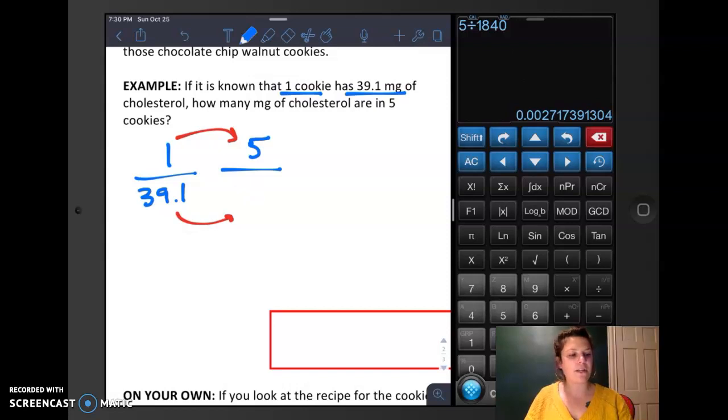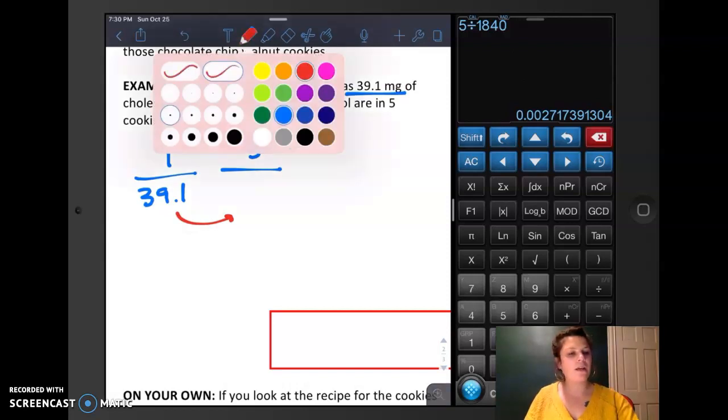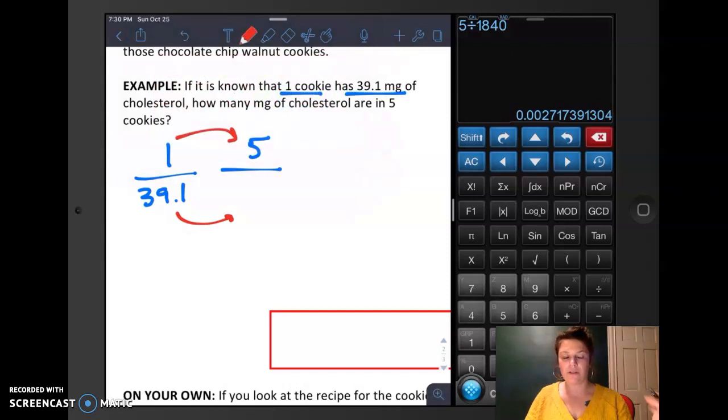Okay, so think about it. When we were looking at equivalent ratios in the previous question, we decided what we were going to multiply by. Well, in this one, they already multiplied by 5 for us, right? And so if you multiply what's on the bottom by 5 as well, then we'll get our answer. So 39.1 times 5 is equal to 195.5.